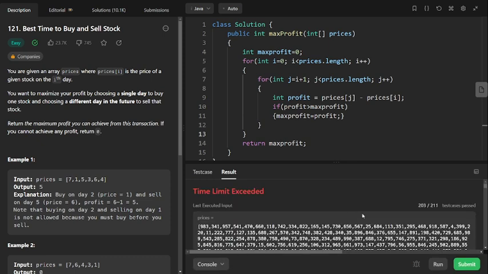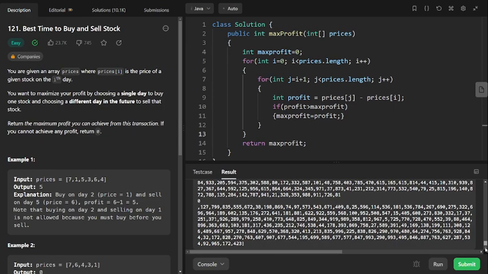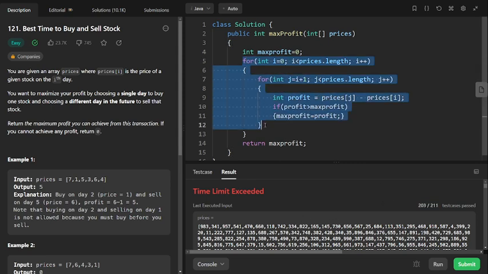However, we can see that 203 out of 211 test cases have been passed. But look at this, such a large input array. For these large arrays, this n square approach is not good.